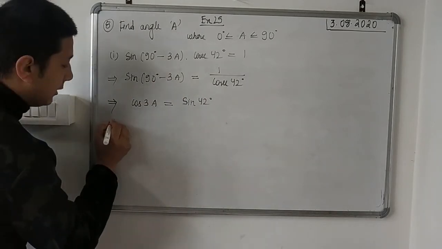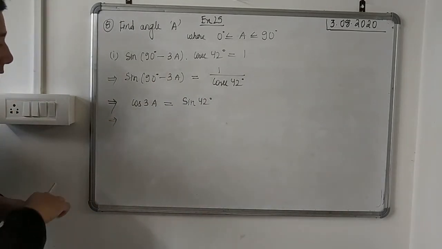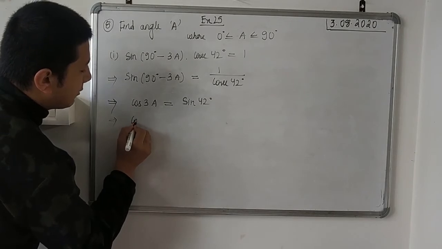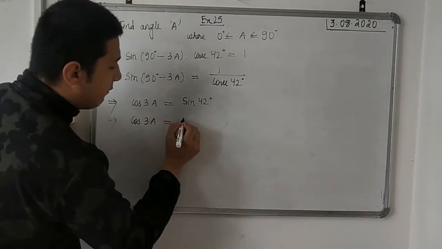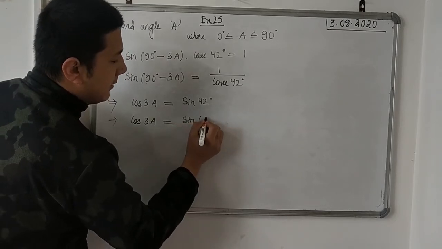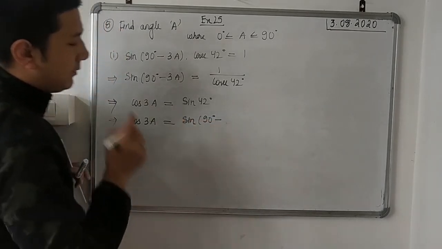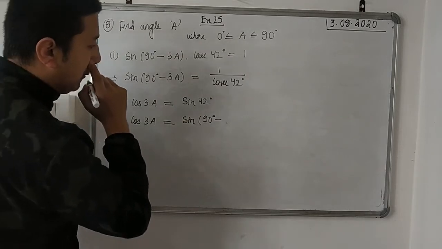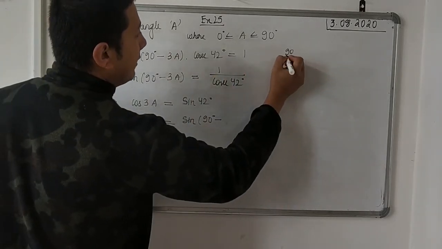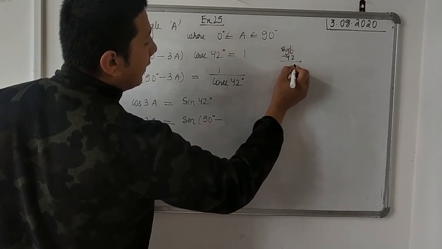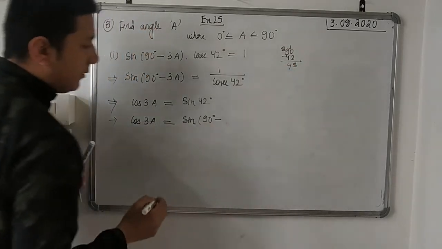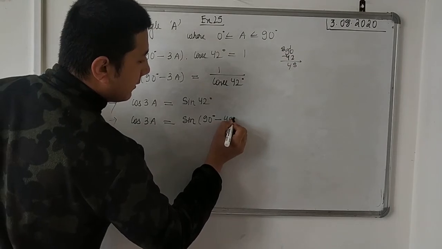So in this type of situation, what will I do is cos 3A, keep it as cos 3A, but sine 42. So can I write 42 as 90 minus how much? 90 minus 42 will be 48, isn't it? 48.